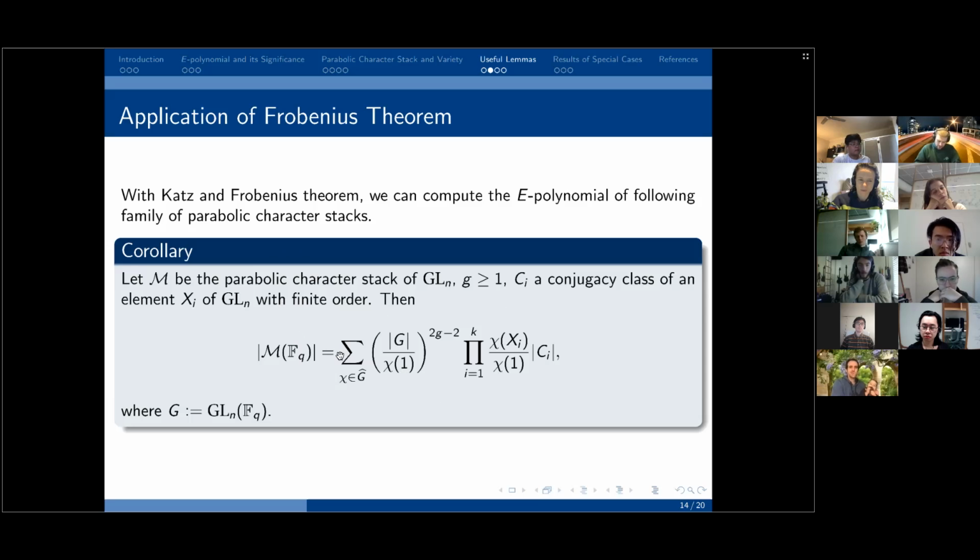And here, the difference is that there are no sizes of G because we take a quotient for defining this stack. So now our problem is computing this sum.